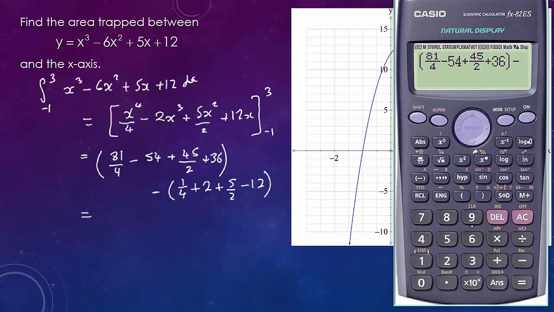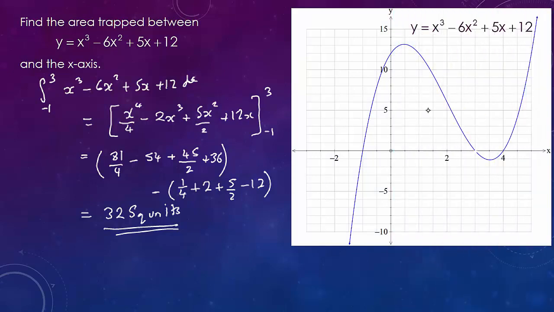And then we're taking away, and we have a quarter, add 2, add 5 over 2, take away 12. And that gives us 32. So we've got 32 square units for the big area here.